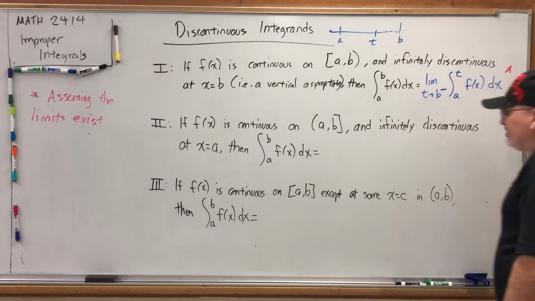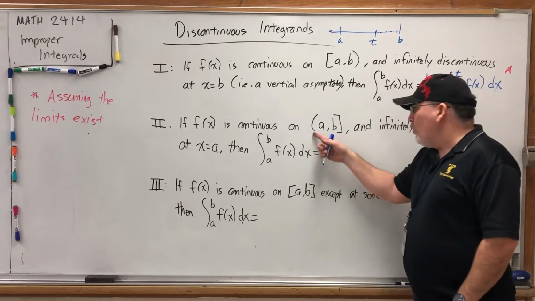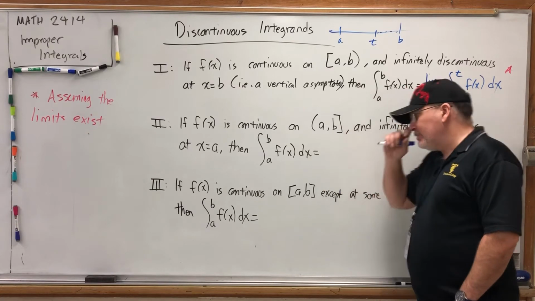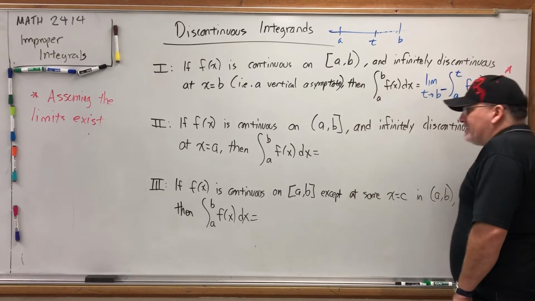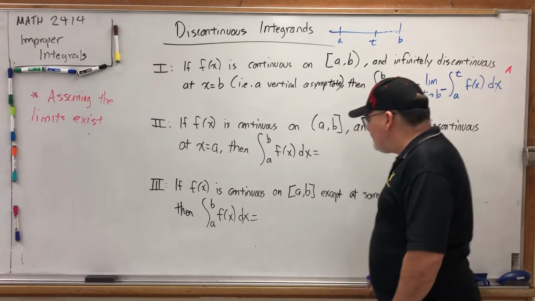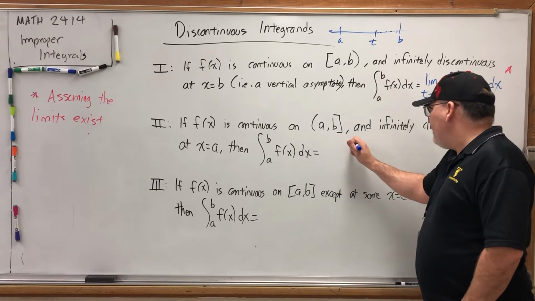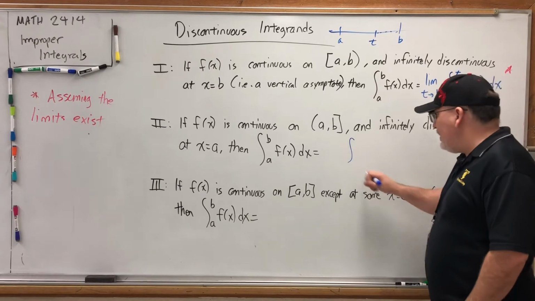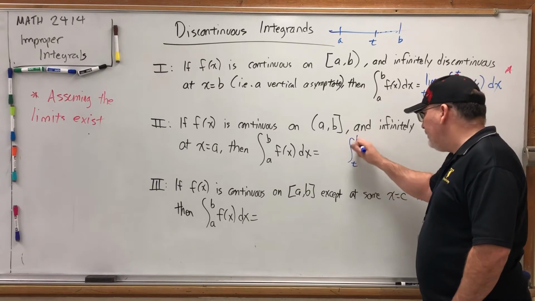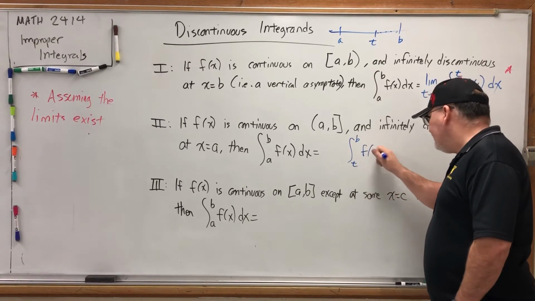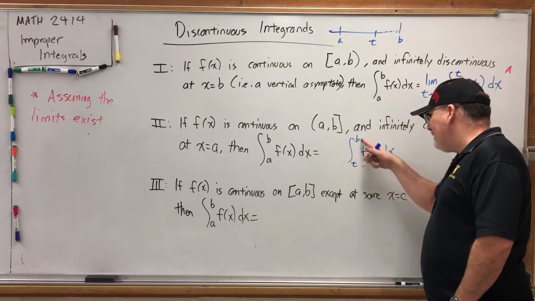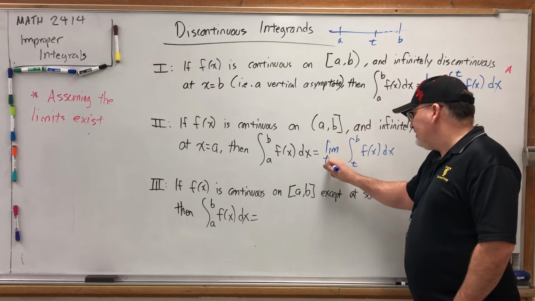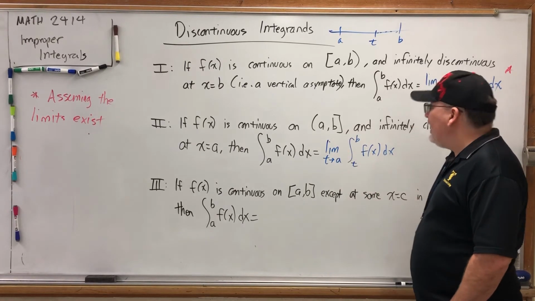However, if your function is continuous on this interval, open at a, closed at b, so it's not continuous at a, but it is continuous at b, and infinitely discontinuous at the beginning, then it's pretty much the same thing. We set up a definite integral, replace the problem number, a, with t, the b is good here, calculate this definite integral, the integral from t to b of f of x dx, but then we take the limit as t approaches the number that was causing a problem, a.